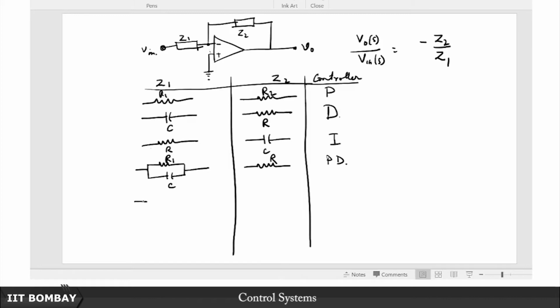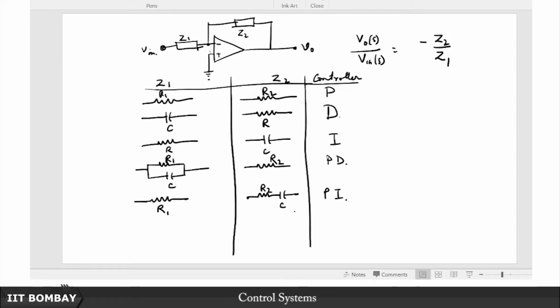And then of course if you want your PI controller, you have your R as it is here, let's call this R1, and on the other side you have R2 in series with a capacitor, right. So this is going to be a PI controller.